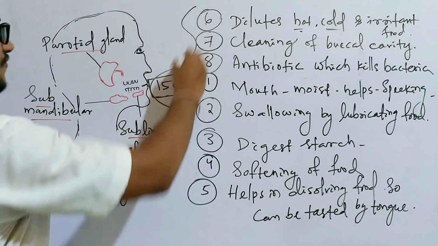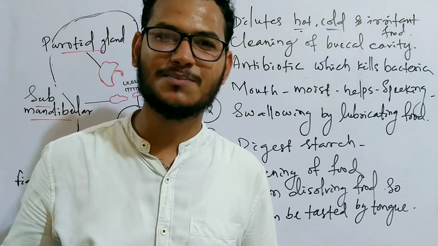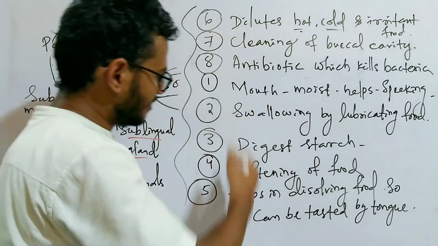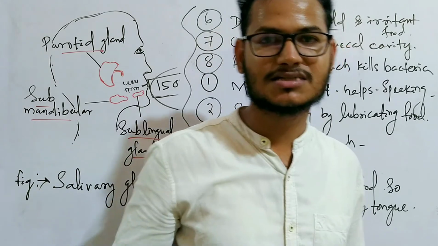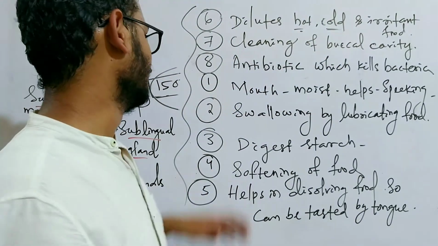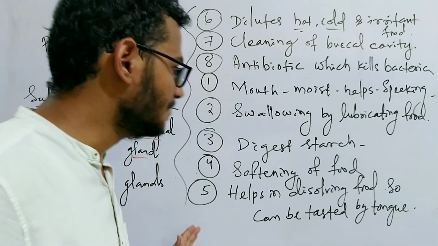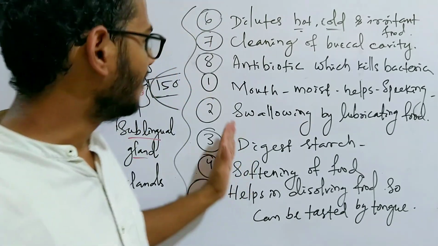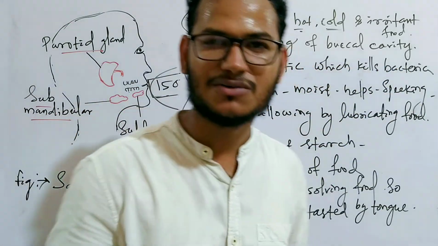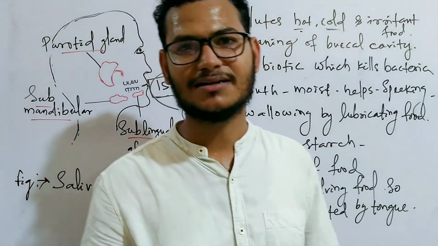So these are the very important functions done by the salivary amylase in our body. These important points should be remembered, and remember this point, antibiotic which kills bacteria. How does the saliva help in killing bacteria?